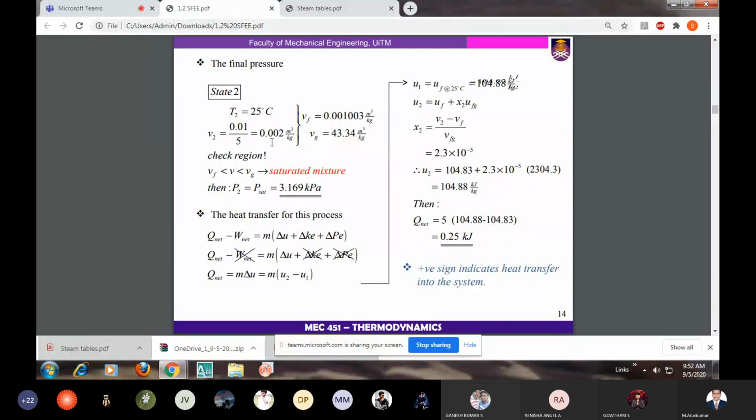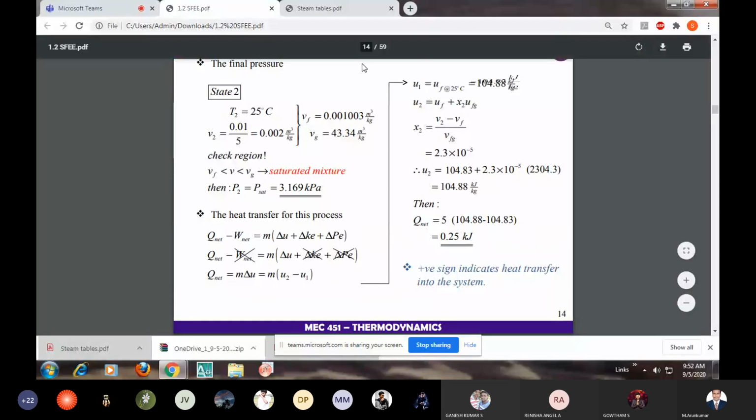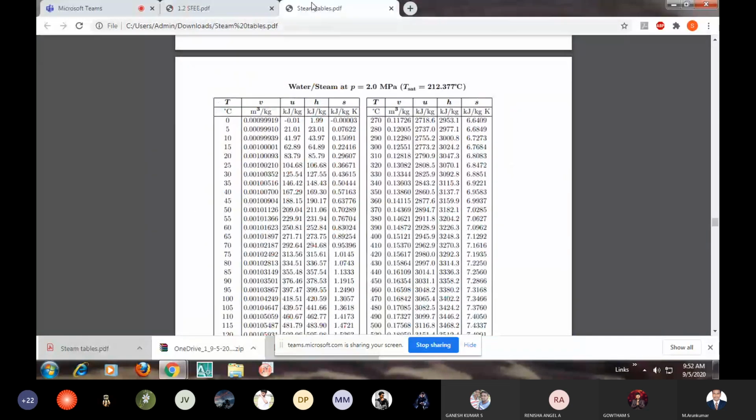That will be 0.002. Then we can have these values in the steam table. Okay, we can have the steam table at 25 degrees Celsius. So we have to use the saturated table. So go to the top.